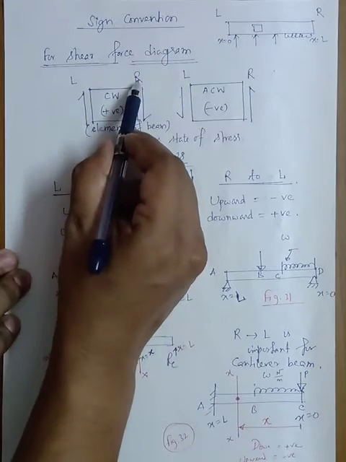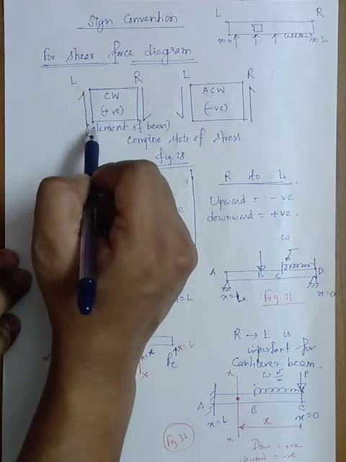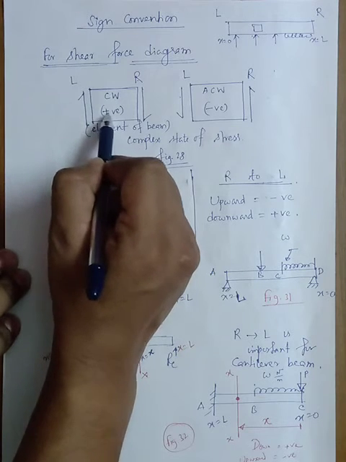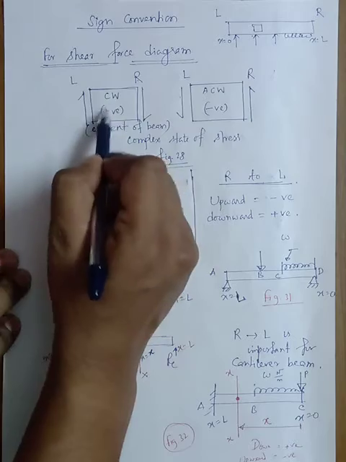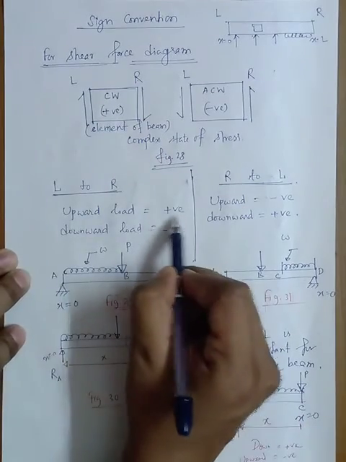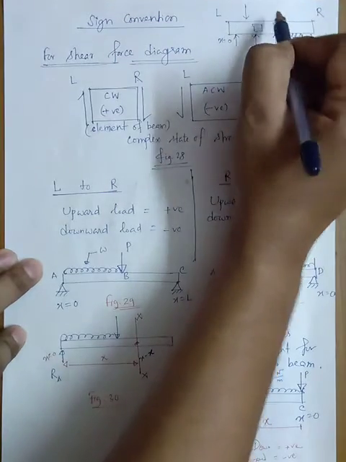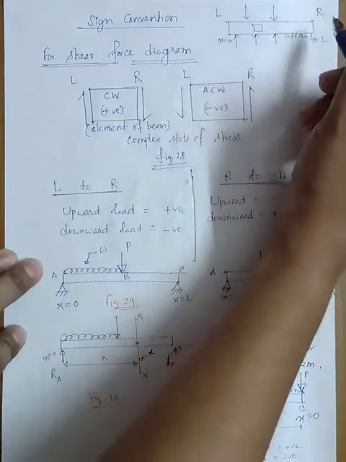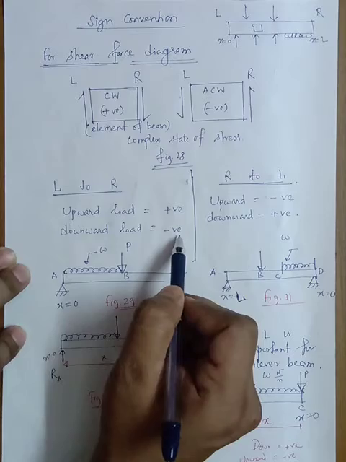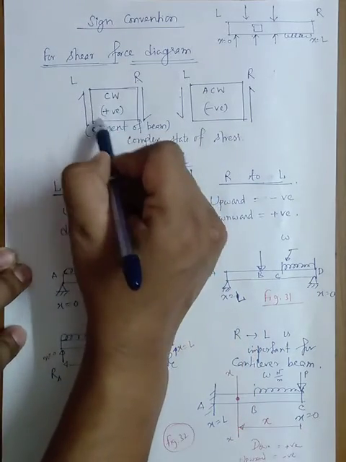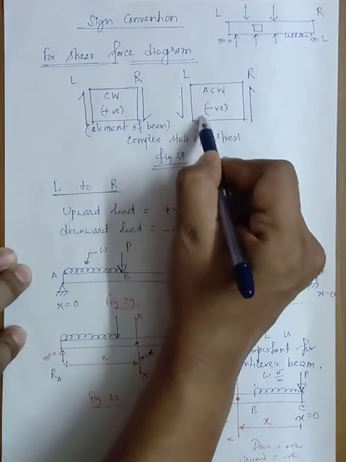From left to right, if the forces are in the upward direction, they will be taken as positive forces. The downward forces, which are acting from the top side of the span, will be taken as negative. So you just need to remember these drawings.